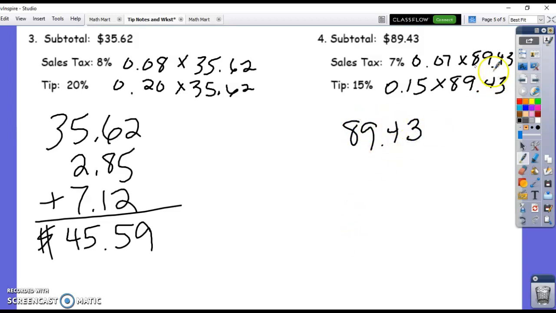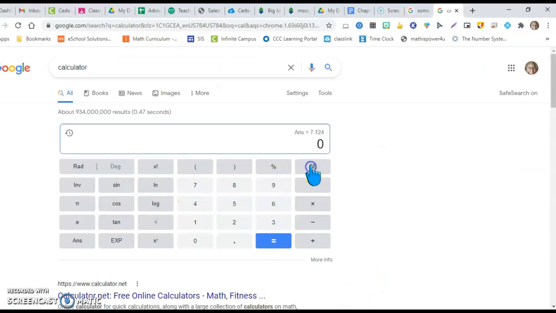My sales tax, I'm going to multiply 0.07 times 89.43. So 0.07 times 89.43. And I get $6.26. I look at this, it's 4 or lower, it's 0, so I keep it at $6.26.